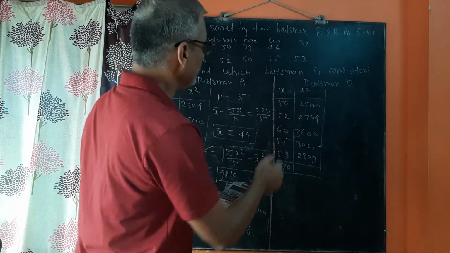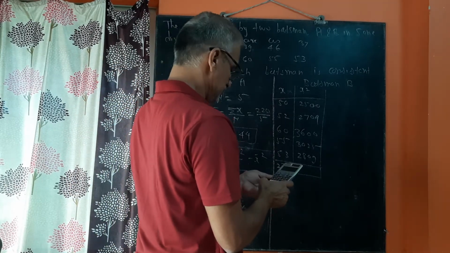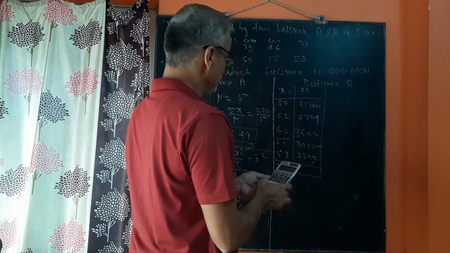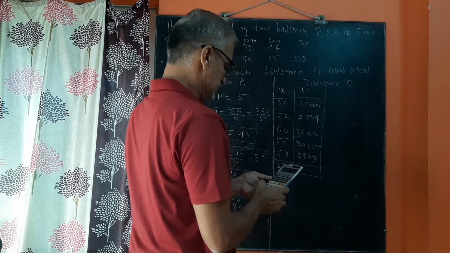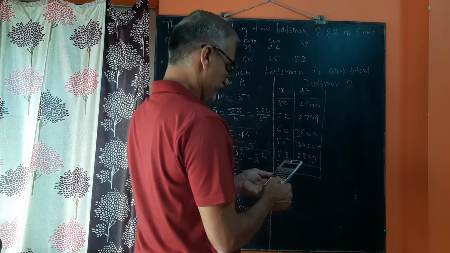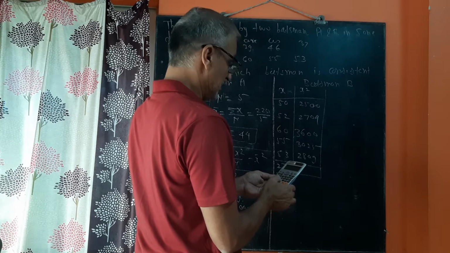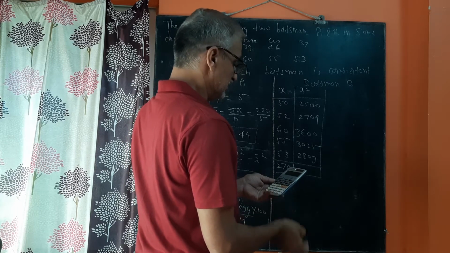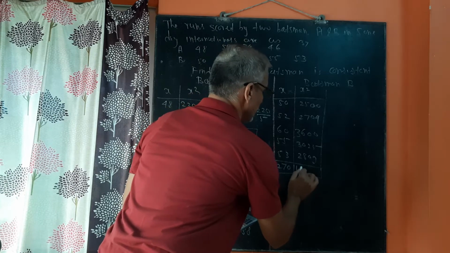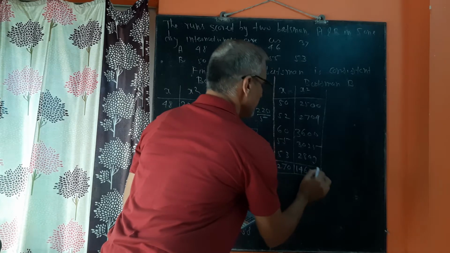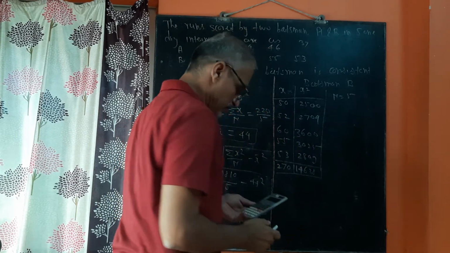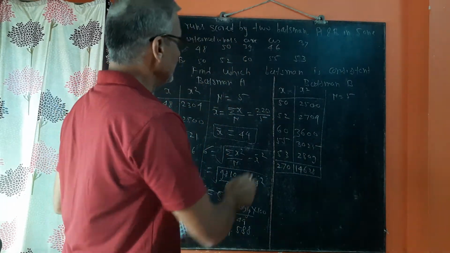Then here 2500 plus 2704 plus 3600 plus 3025 plus 2809, that is 14,638. So here again n is equal to 5, the number of observations.